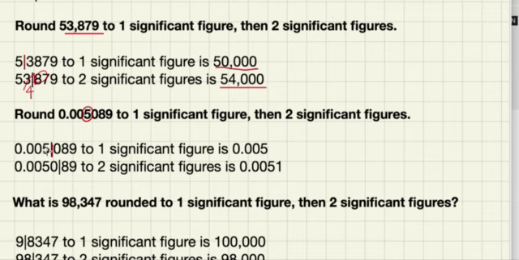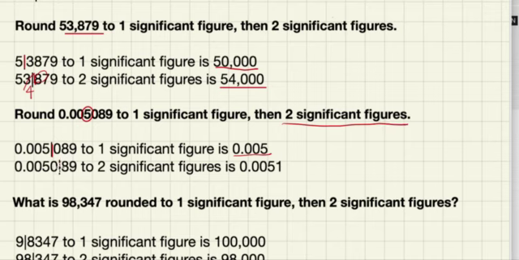And then because 0 is 4 or less, this figure doesn't change. And so to round it to one significant figure, it is 0.005. Now we're being asked to approximate it to two significant figures.